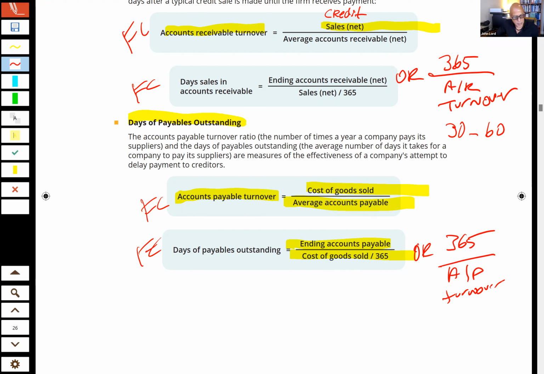Be careful because sometimes you see we use a 360-day year. We use a 360-day year when we're actually calculating financial kind of measures, dollar amounts, because when you think about it in accounting, for example, when you do a depreciation calculation, you divide by 12.